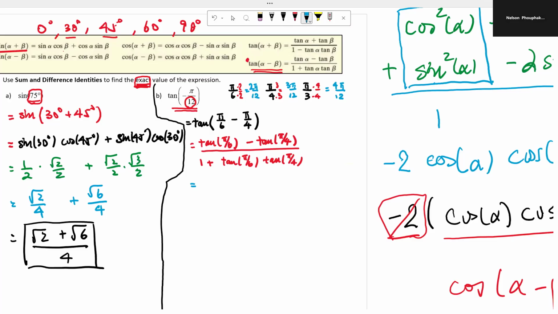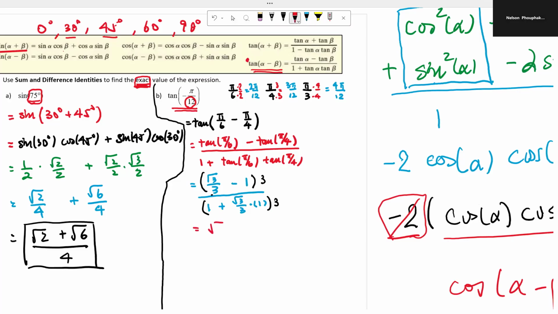Then of course we know that tangent of pi over 6 is root 3 over 3, minus tangent of pi over 4, which is 1, divided by 1 plus root 3 over 3 times 1, right? Now, to solve this, we could multiply top and bottom by 3 because it is the LCD.